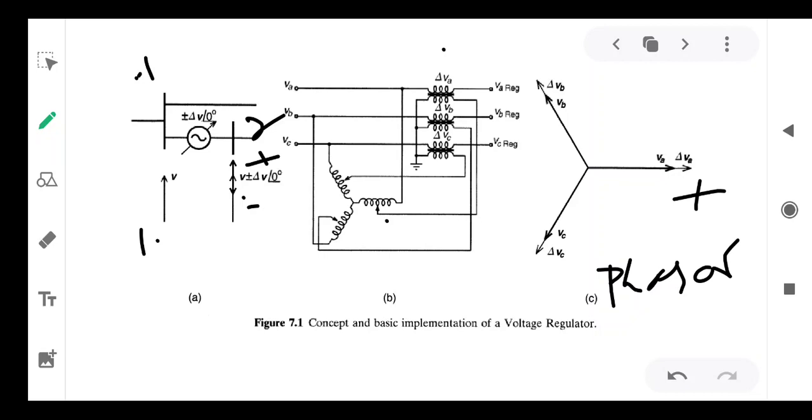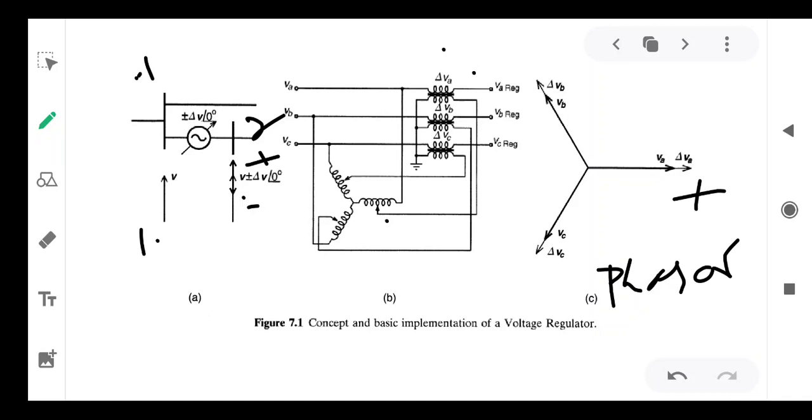The schematic circuit is shown here. This mobile point can change the voltage value from the reference value so that you can obtain delta V here. So in the phasor diagram it has shown plus delta VA, plus delta VB and plus delta VC respectively.